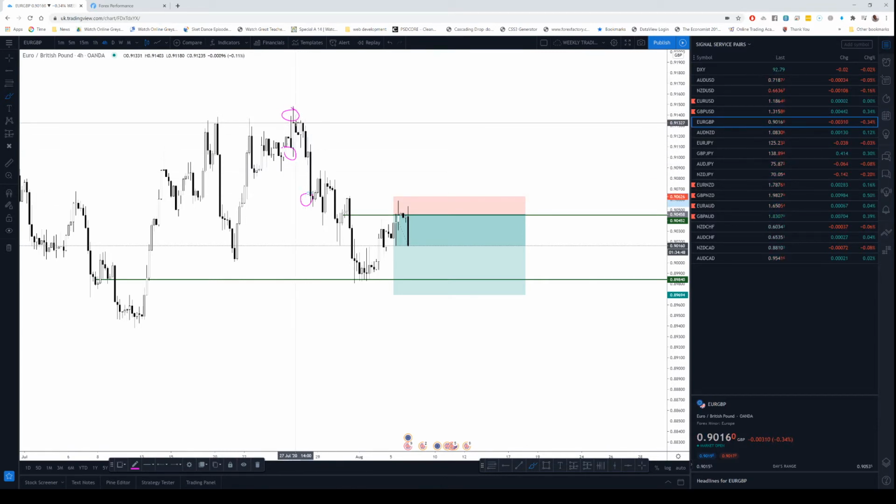So we connect the highs and the lows, we do have this, and then this low we made a high here and made a lower low, so it's a continuation. Then we made a high and then we made a lower low, continuation. We made a high and we made a lower low, continuation.